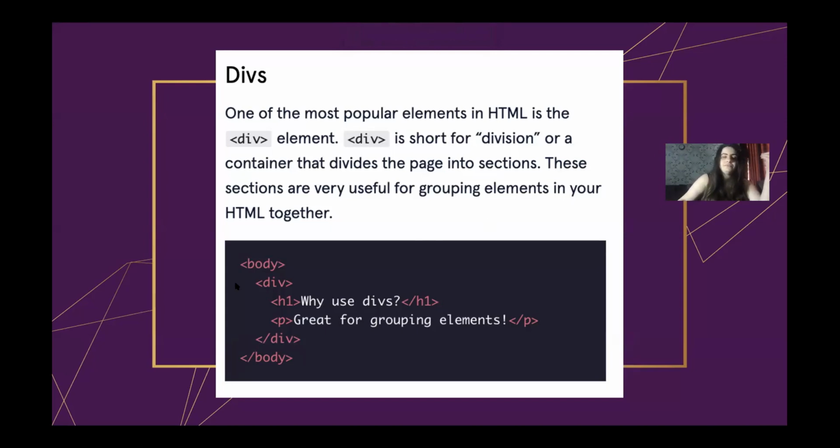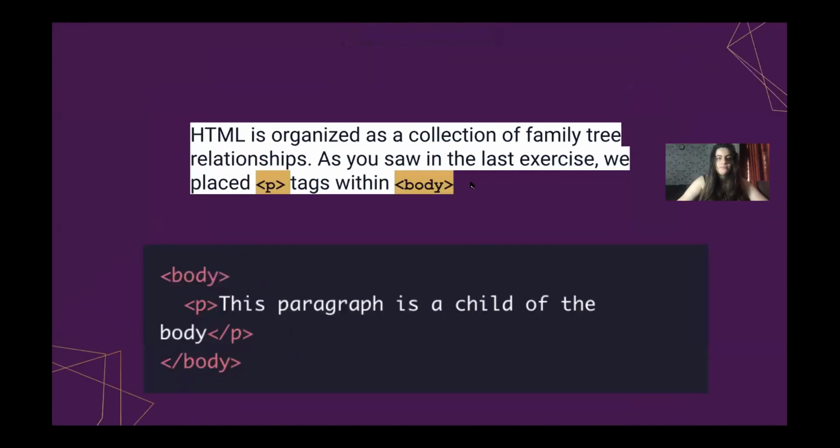So for example, here I have body, and then I have div. And why use divs? Because they're great for grouping elements. And later on, when you have like 100 groupings, you would know which one is which and what to change if you have an error. So that's why we use them basically.